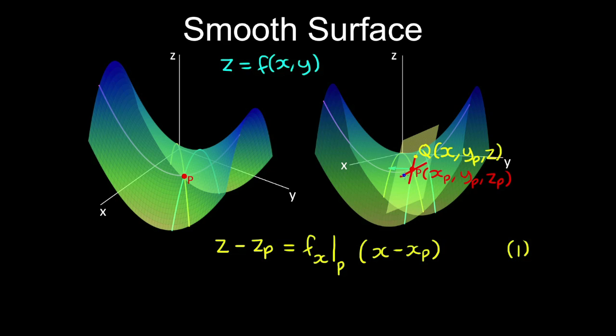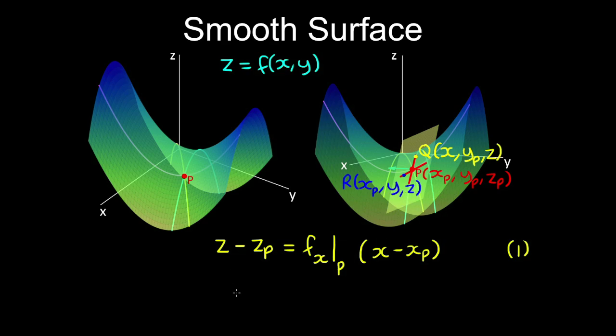And if we choose a point R on the other tangent line, where the curve lies in the plane parallel to the yz plane, so in this case the x coordinate is xp being fixed, and the y and z coordinates are variable.